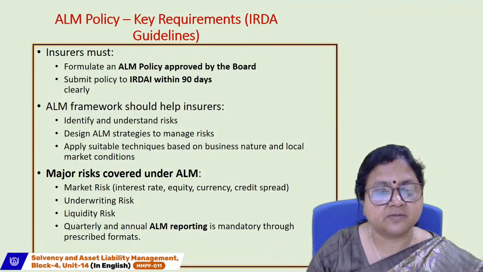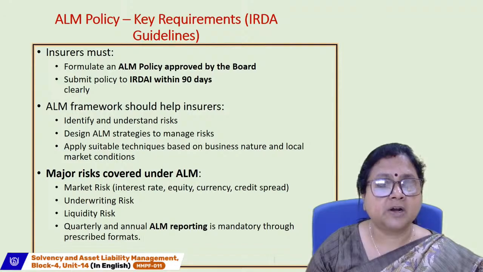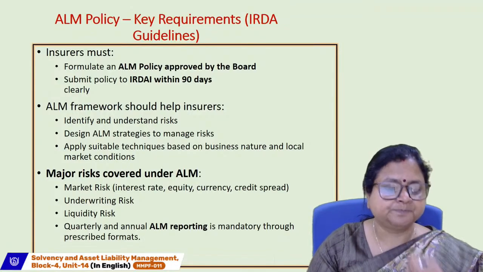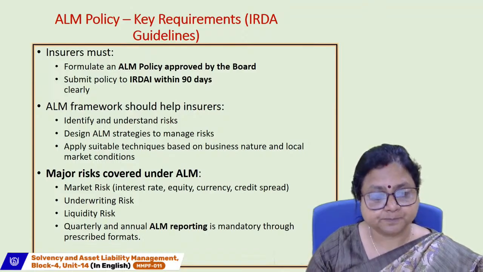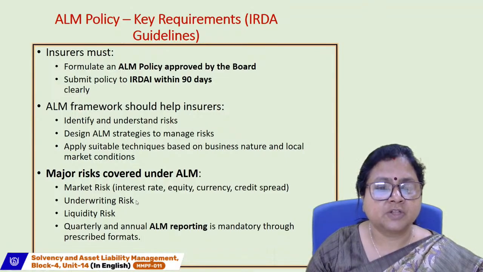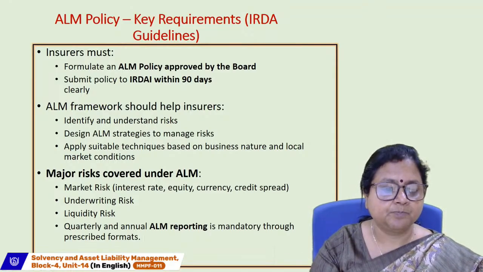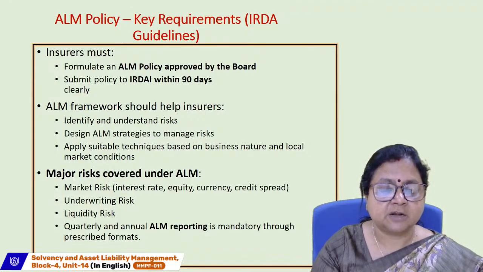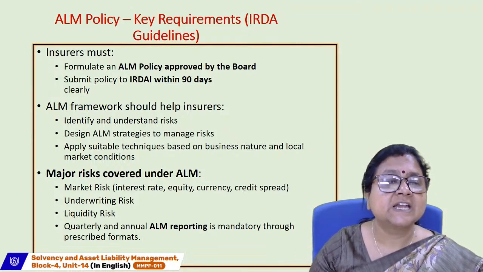Another type of risk which is covered under asset liability management is underwriting risk. Underwriting risk is on the part of the insurance company. The more you underwrite a policy, the more the sum assured, which means the company is liable to pay that much amount in future if it is claimed.